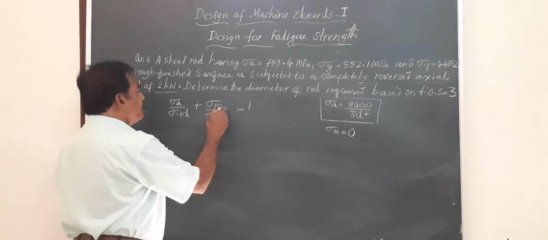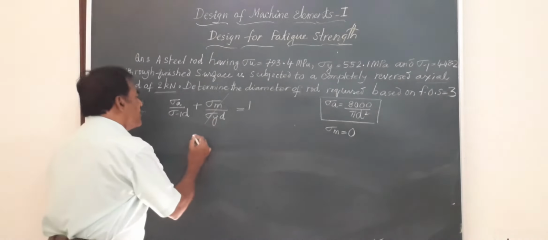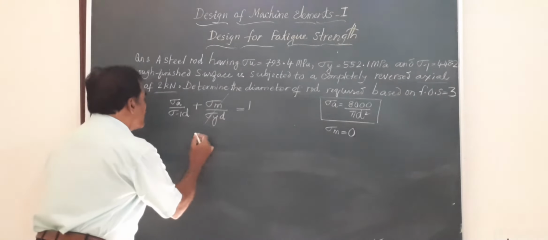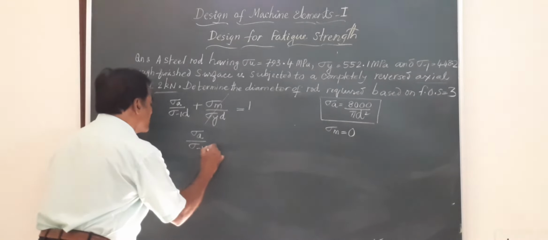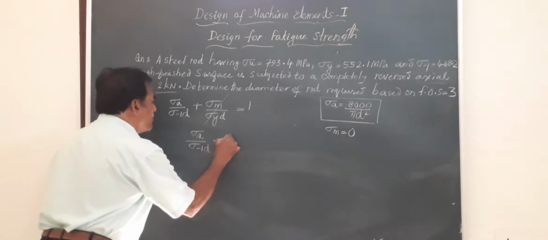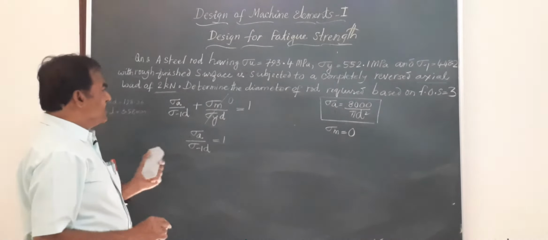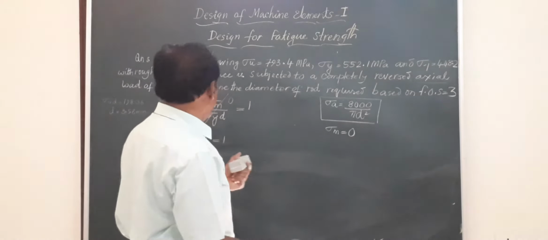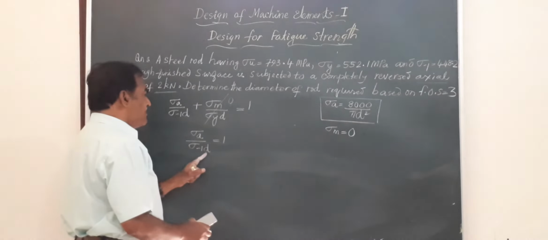So when sigma m is equal to 0, the whole quantity gets vanished, and this equation reduces to sigma a divided by sigma minus 1d is equal to 1, because the second quantity is 0. So now the question is simplified, and we will have to just equate sigma a to sigma minus 1d.